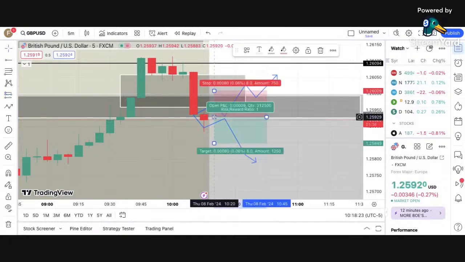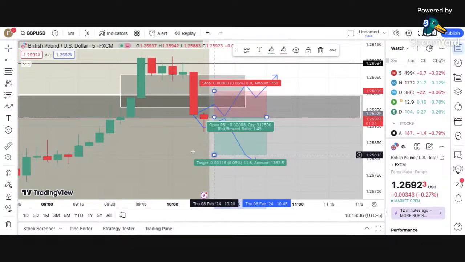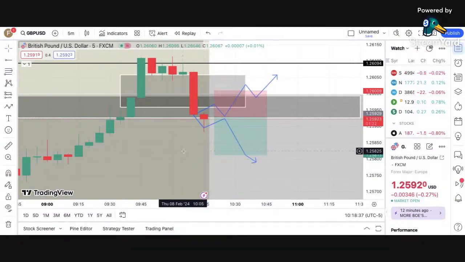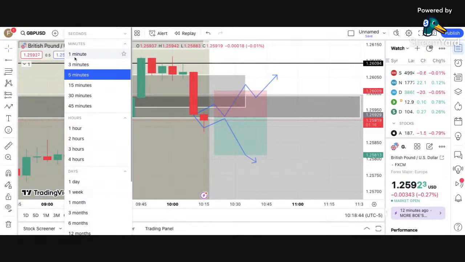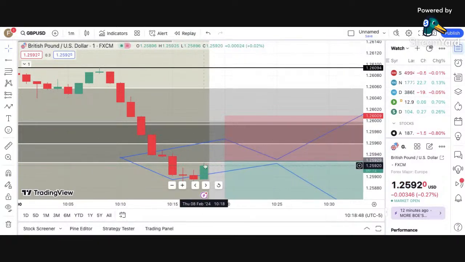I'm here, right above here, but I'm taking it down to here, about there. The retest.